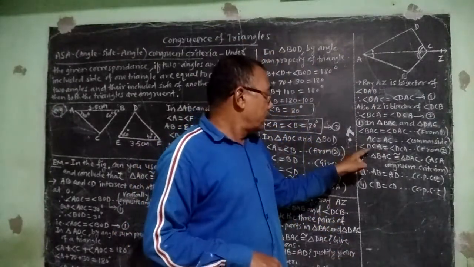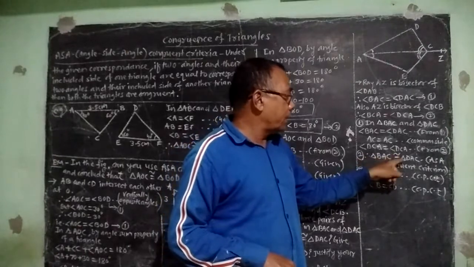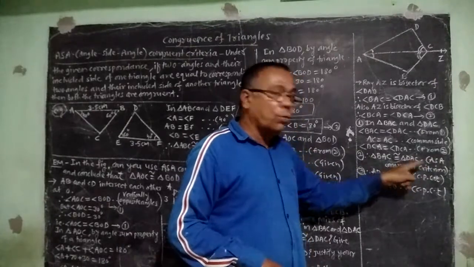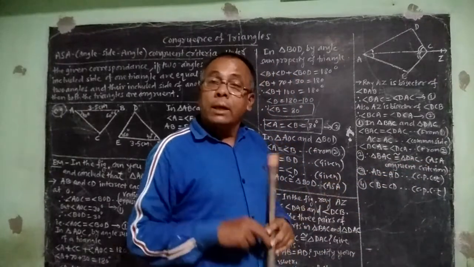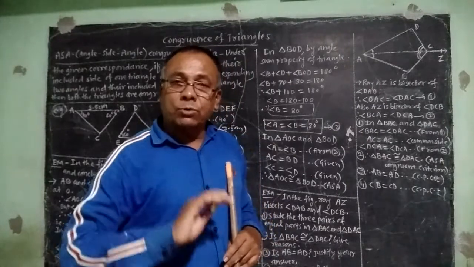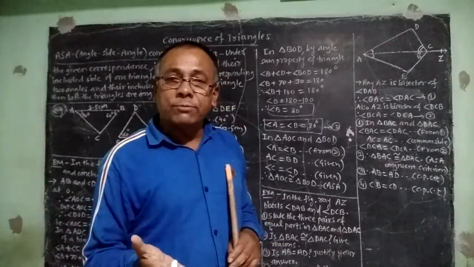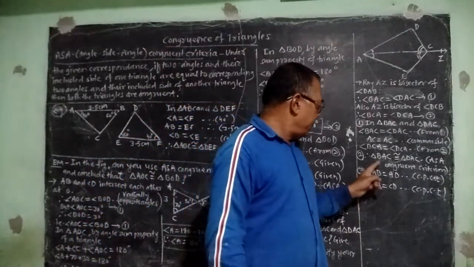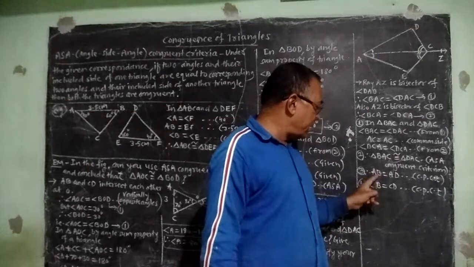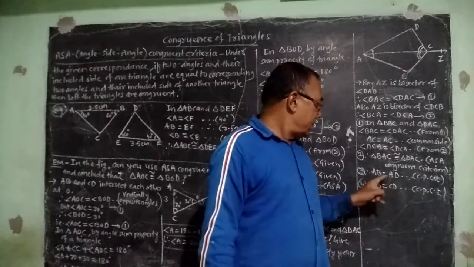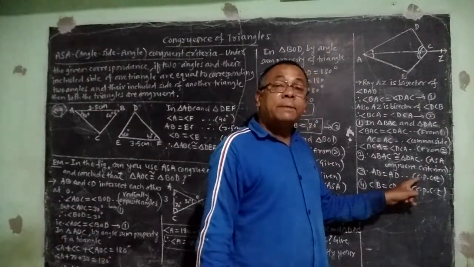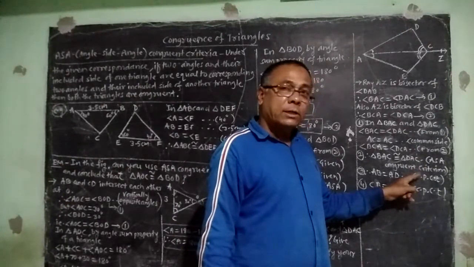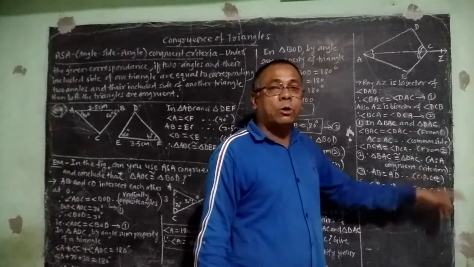So here triangle BAC is congruent to triangle DAC according to ASA congruence criteria, and we know that if two triangles are congruent, then their corresponding angles are equal as well as corresponding sides are also equal. Here AB and AD, so AB equal to AD. Reason is CPCT, or we can say corresponding parts of congruent triangles.